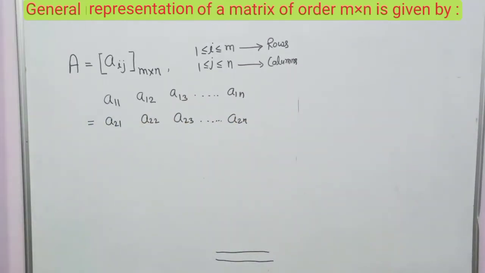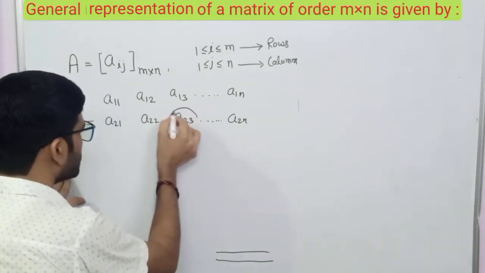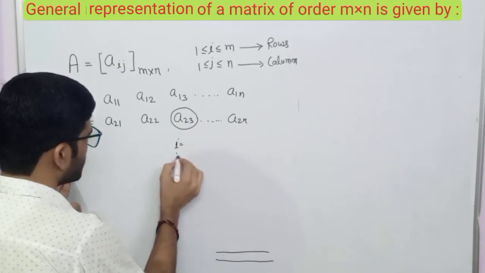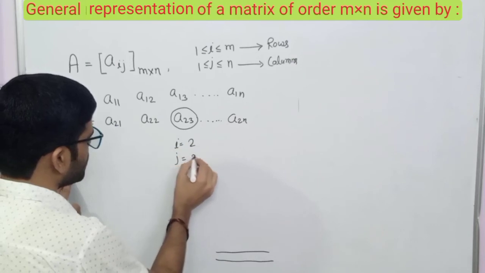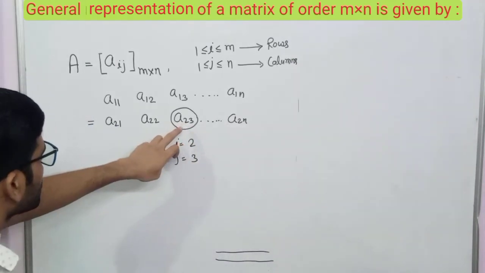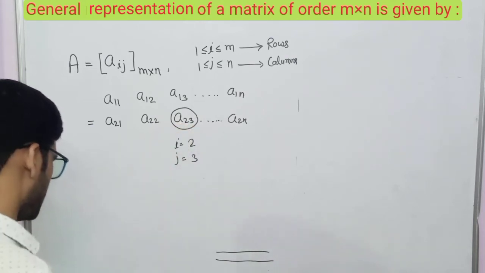Okay, what is the value of i and j in A23? i equal to 2 and j equal to 3, because the first term represents i and the second is j.